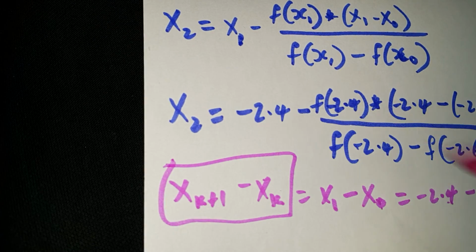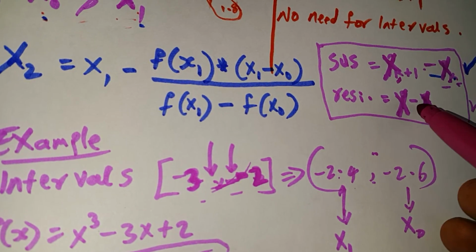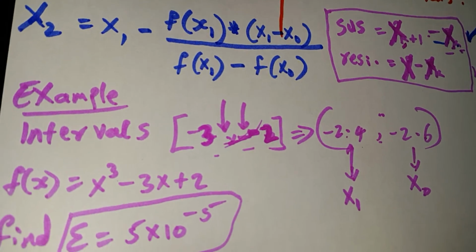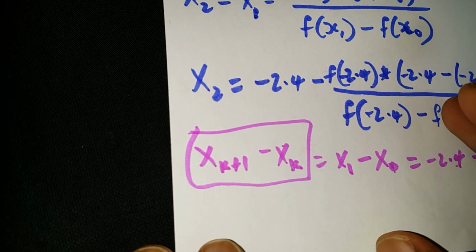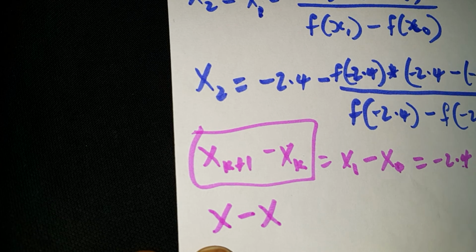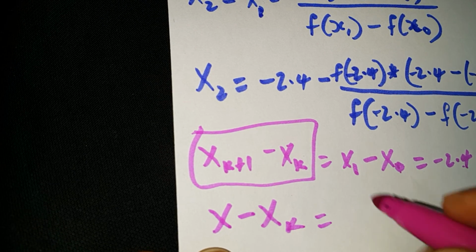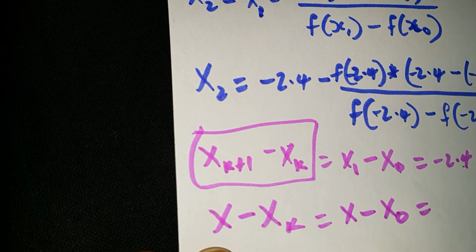Try to know the formula for the errors. Then the second one is x minus xk. When k is 0, x minus x0.